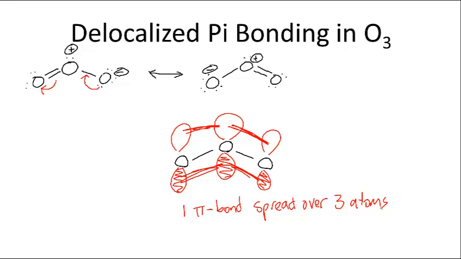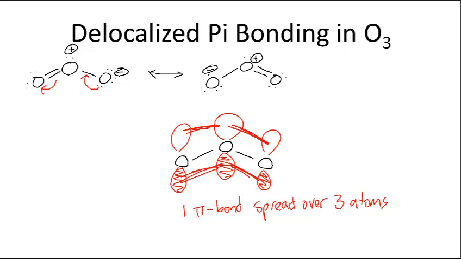Other questions? So the question was actually leading to the next slide, which is dealing with benzene. So this delocalized pi bonding doesn't have to just be between 2 atoms at a time, or 3 atoms at a time. It can be 4 atoms, 5 atoms, 6 atoms.